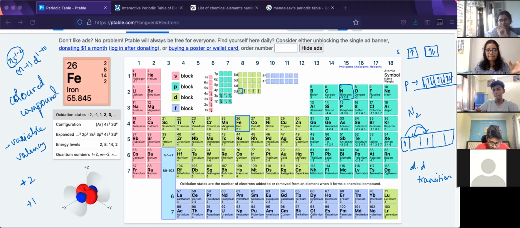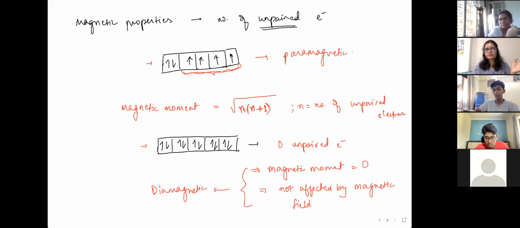So for example, if you look at iron, what is the atomic number of iron? Who remembers? 26. 26. Electronic configuration of iron? You don't have to say the whole thing, the compact form you can say. Argon, 18 electrons यहाँ तक हो गए. उसके बाद 4s2 3d6. Yes, 3d6, right?